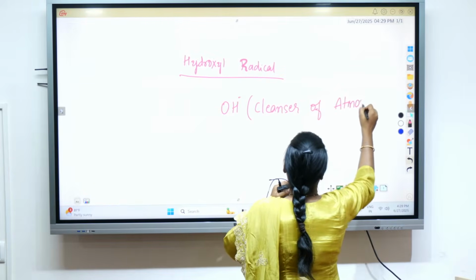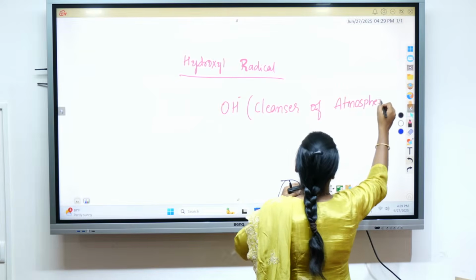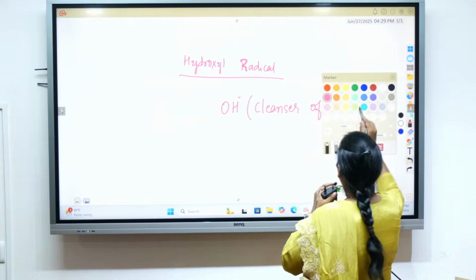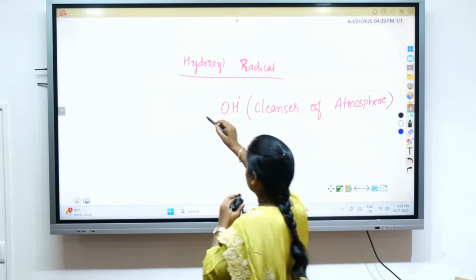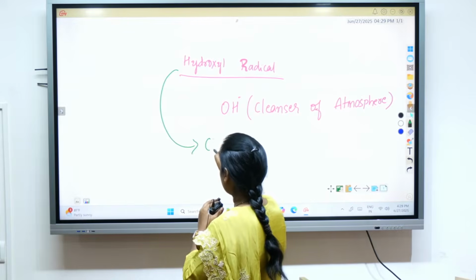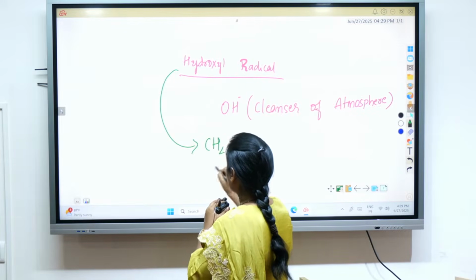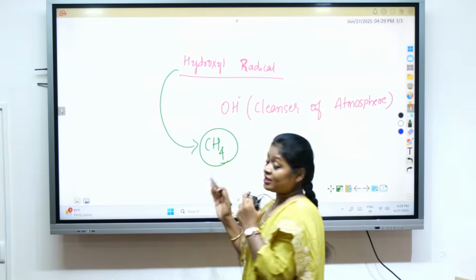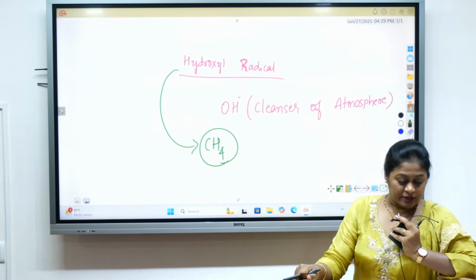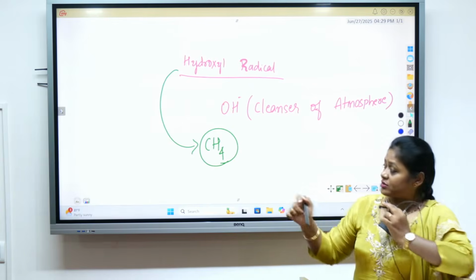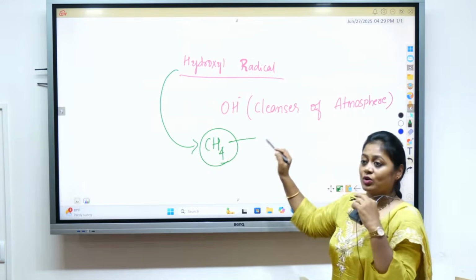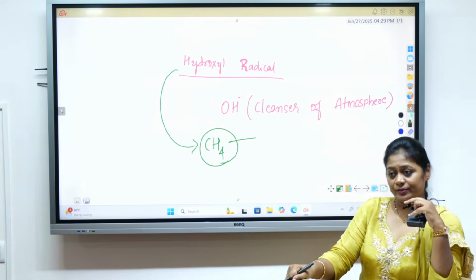The reason behind this is that hydroxyl molecules react with methane. Methane molecules will react with hydroxyl molecules, and it will just absorb this methane. Hence, it is called the cleanser of methane.